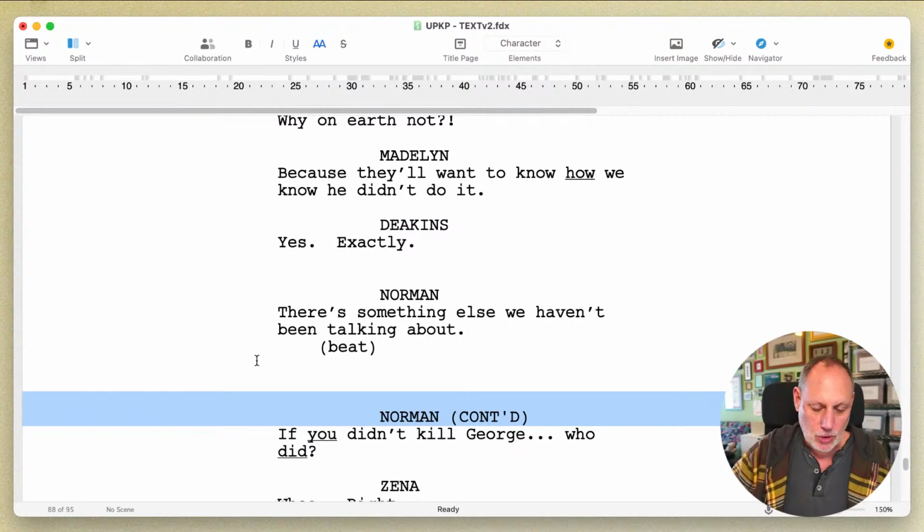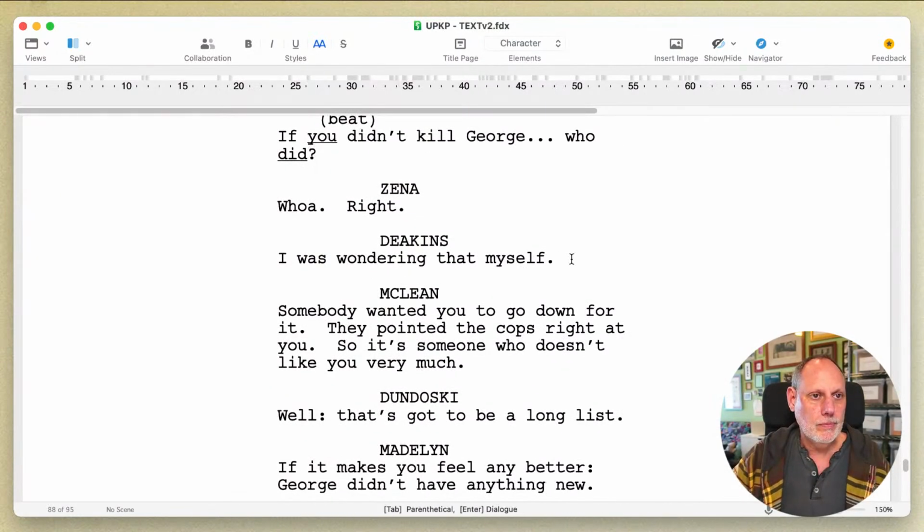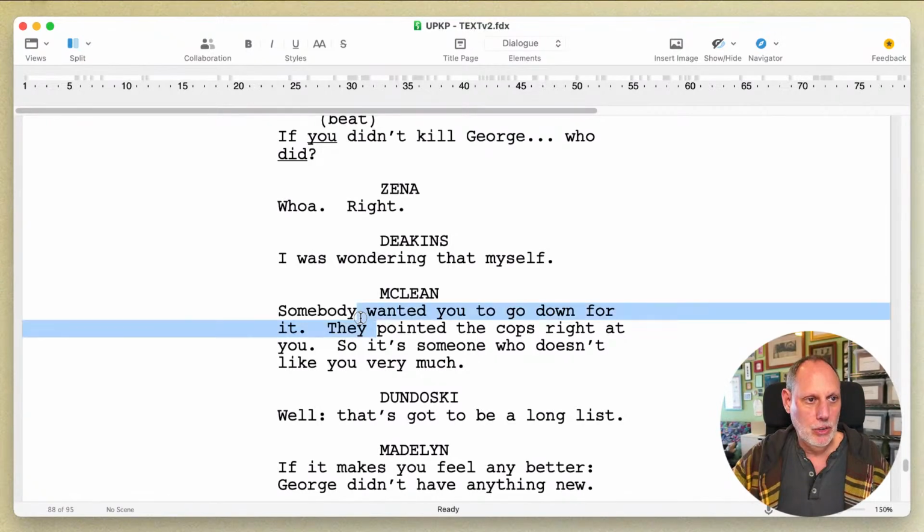If you didn't kill George, who did? I was wondering that. Somebody pointed the cops right at you. They wanted you to go down for this.